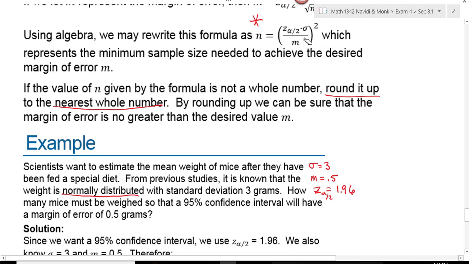Using this formula now, n equals z sub alpha over 2 times sigma divided by our margin of error, squared, I just drop in my numbers and then go to my calculator. So this is going to be 1.96 times 3 divided by 0.5, quantity squared.